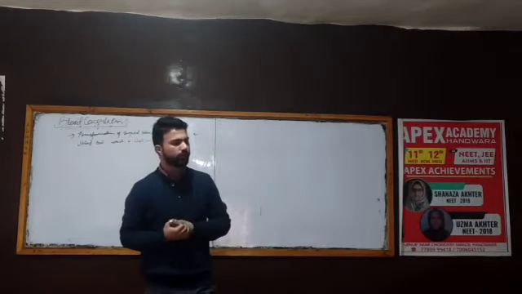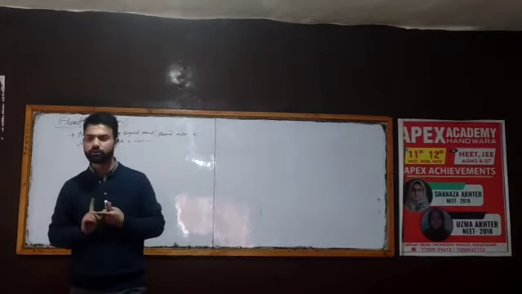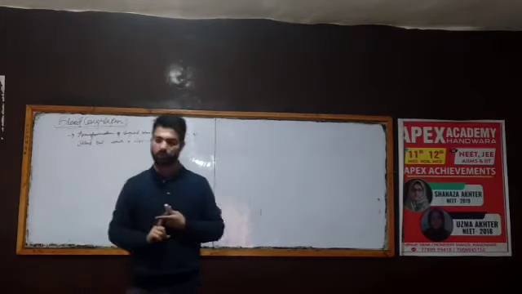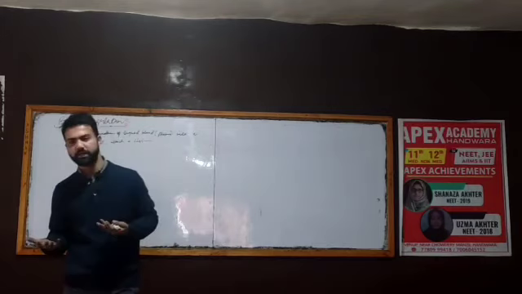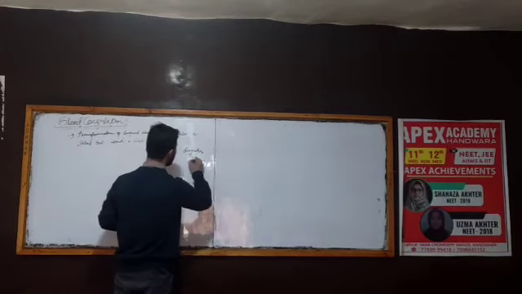When does coagulation happen? When we get injured, when there is any trauma, any accident, external injury. What happens in injury? Injury, bleeding.